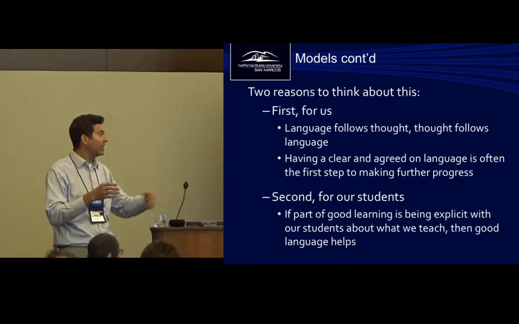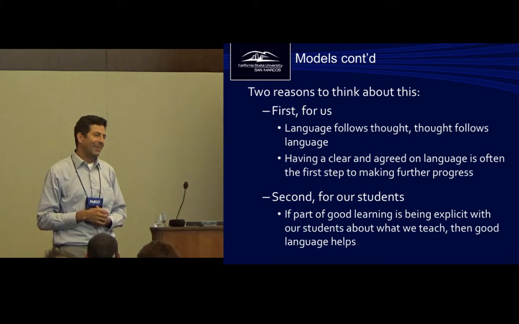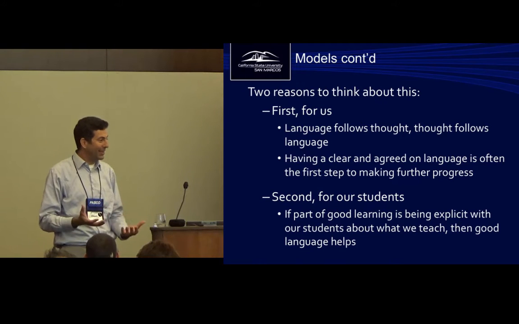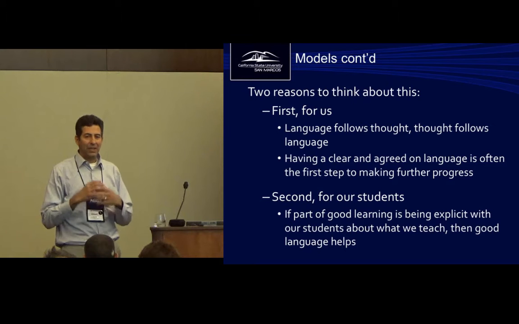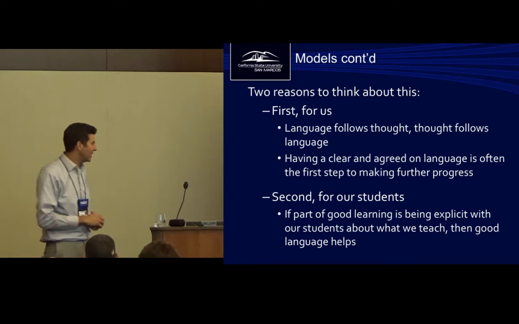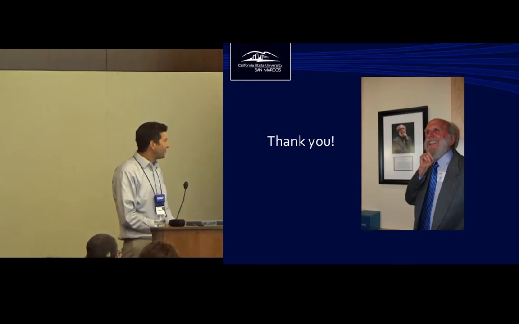Here's this energy and action model. So when I ask you to do something with it, what's that? Well, I don't know. Is it problem solving? Is it modeling? Is it sense making? I think it can be powerful for the students to be able to say, okay, there's our agreed upon language about what it is you're doing there. And so I just offer you that as something to think about.